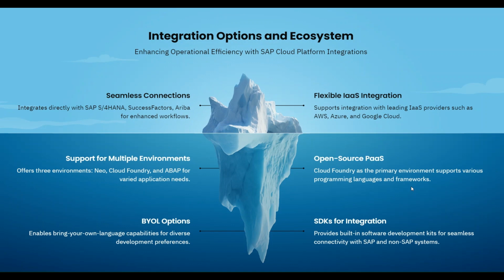Not just SAP systems, it also supports multiple infrastructure as a service (IaaS) providers such as AWS, Azure, and Google Cloud. Additionally, SAP provides built-in SDKs to simplify these integrations. The Cloud Foundry environment is highly flexible and supports various programming languages, so you are not limited to one specific technology stack.